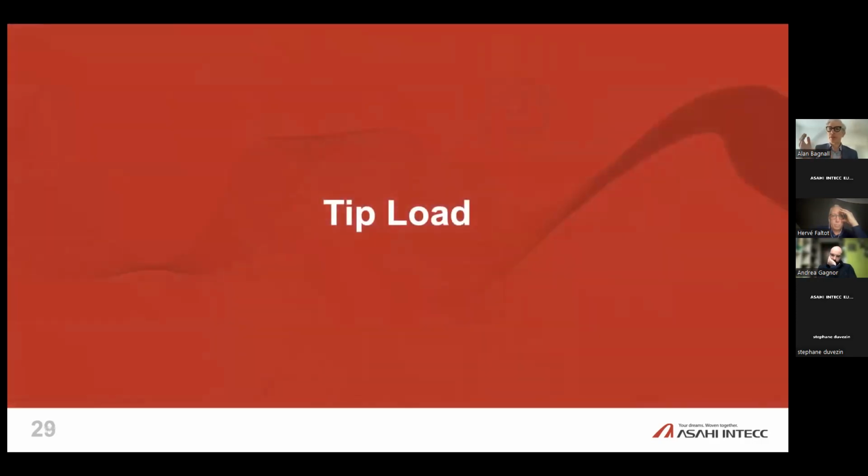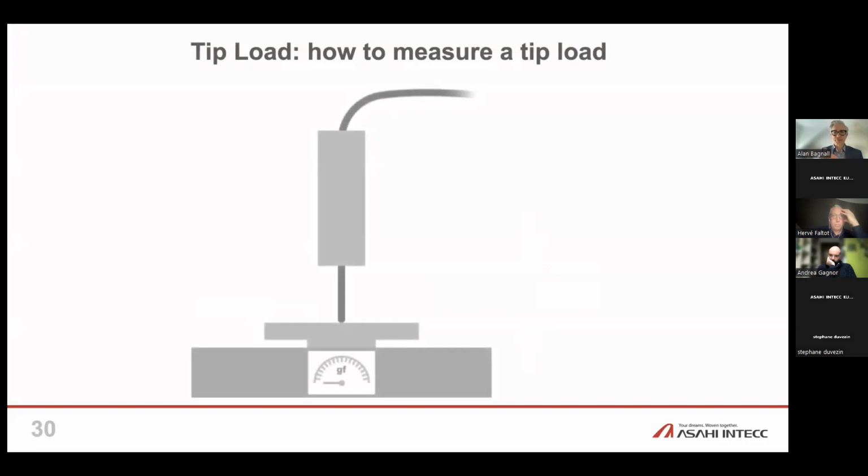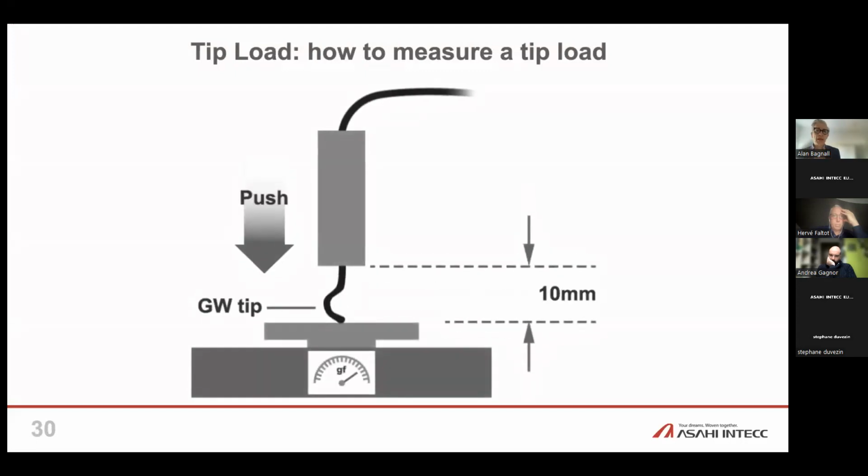We talked about this thing called the tip load, and you may have heard that and seen it on the outside of the packages of your wires, and the different wires come with different tip loads. So this is what we mean when we're talking about tip loads. It's a very simple concept. Essentially, you push on the wire, and the amount of force it takes in grams for the wire to bend is the tip load of the wire.